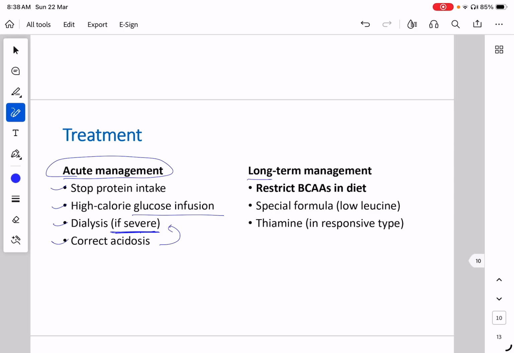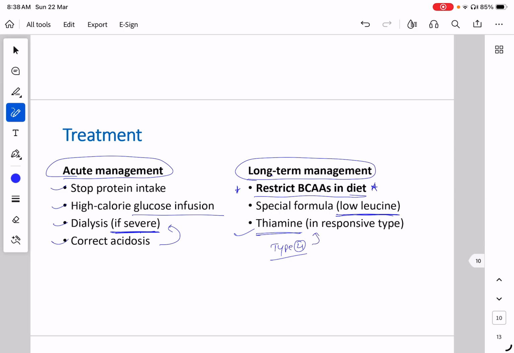So this is the acute management, and now long-term management. How to maintain this child? Restrict branched chain amino acids in the diet; we should avoid branched chain amino acids in the diet of this child. Special formulas with low leucine are available in the market. We have to use that, and thiamine is used in the case of the fourth variety we have seen, thiamine responsive maple syrup urine disease.